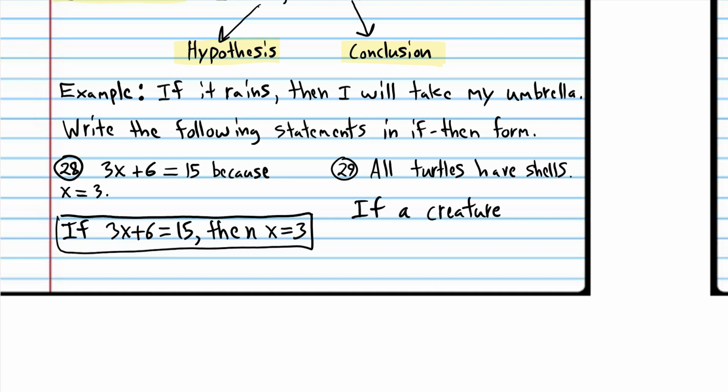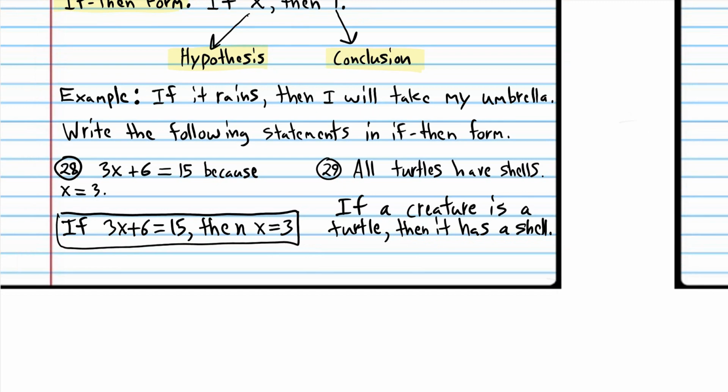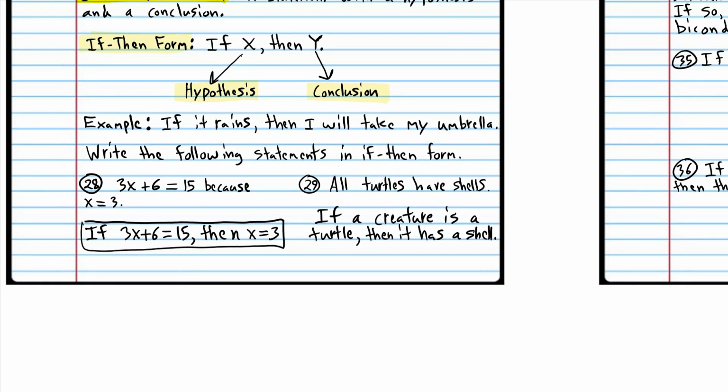If a creature is a turtle, then it has a shell. So it's now in if-then form. You see the if and the then? If a creature is a turtle, then it has a shell. So if you got something like that, good job.